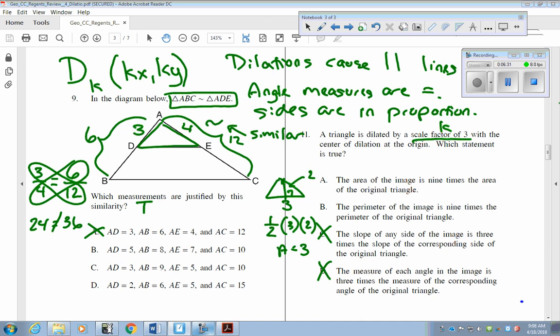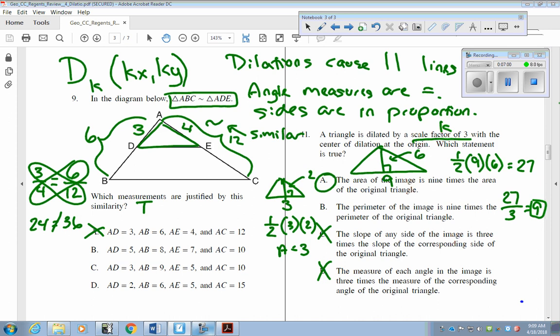So imagine making a bigger triangle now. I got 9, and then for the height I got 6. So we'd have 1/2 times 9 times 6. So in that case, 1/2 times 9 times 6 would be 54, and half of 54 is going to be 27. So the area for A would be 9 times the area of the original, because if you do 27 divided by 3, it's 9 times bigger. So that would mean A would be the answer for this one.